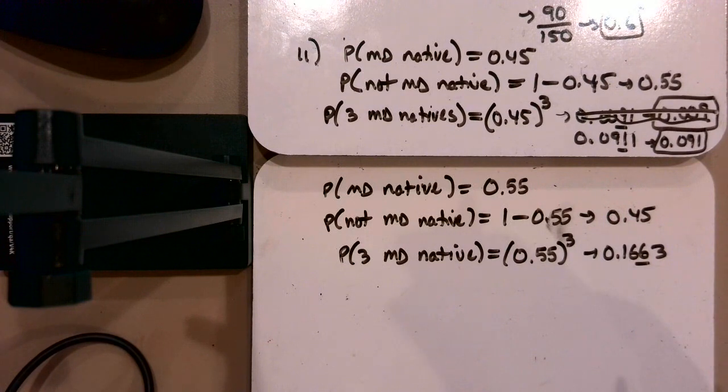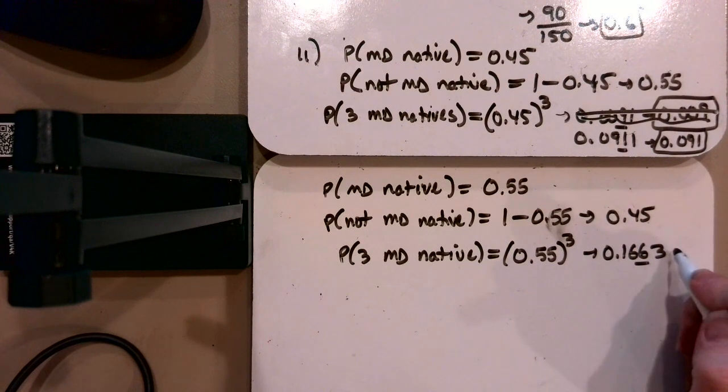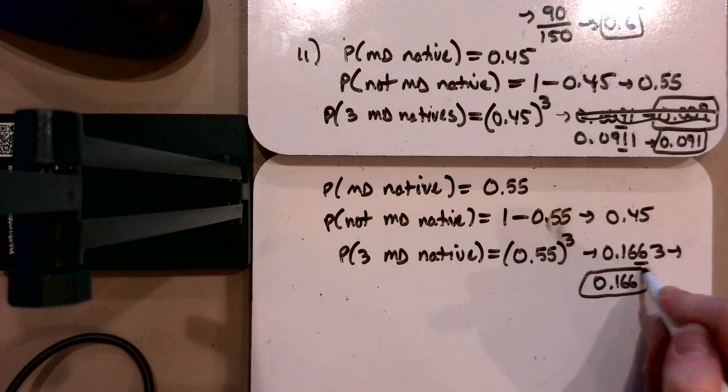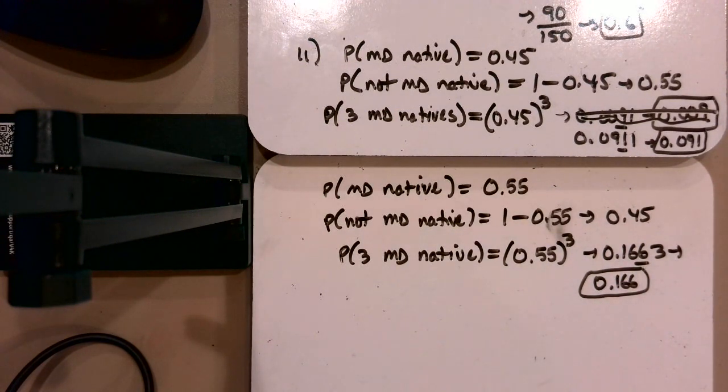So rounding to 3 decimal places, we're going to get our answer here of 0.166 for question 11.